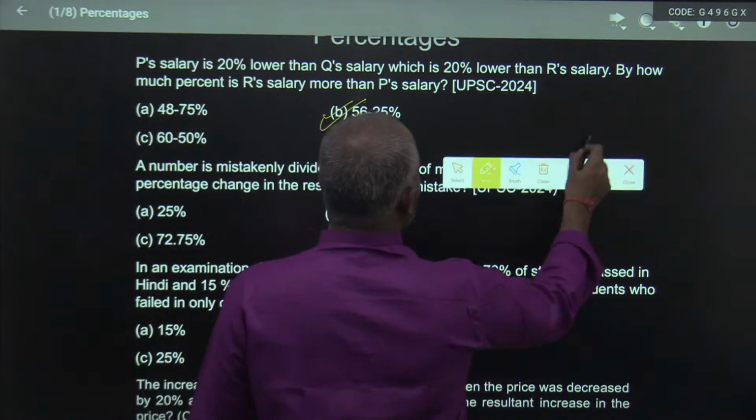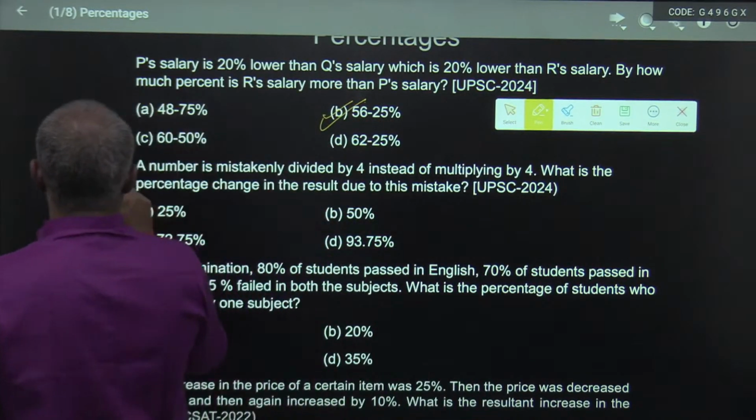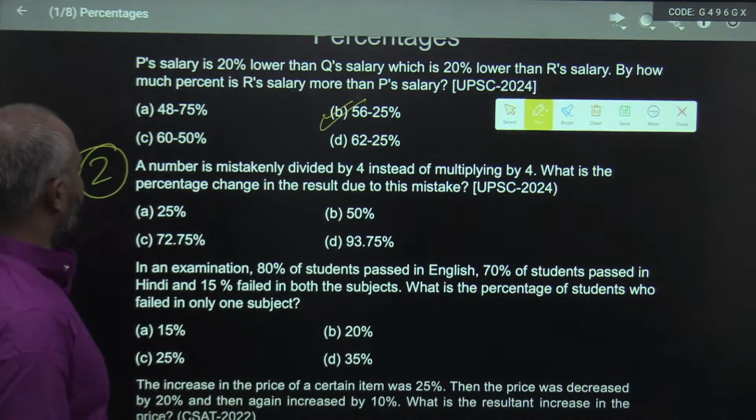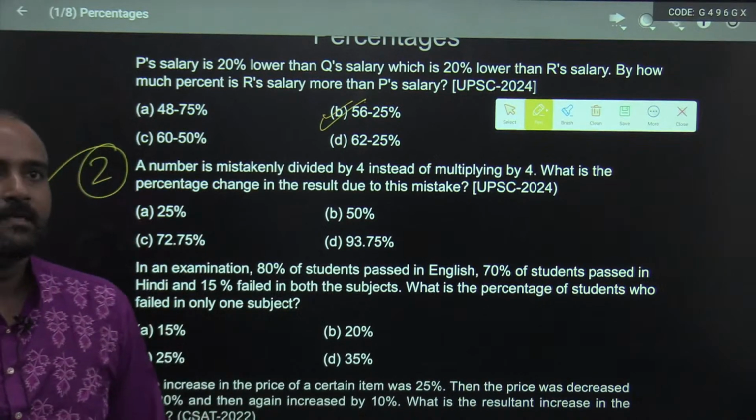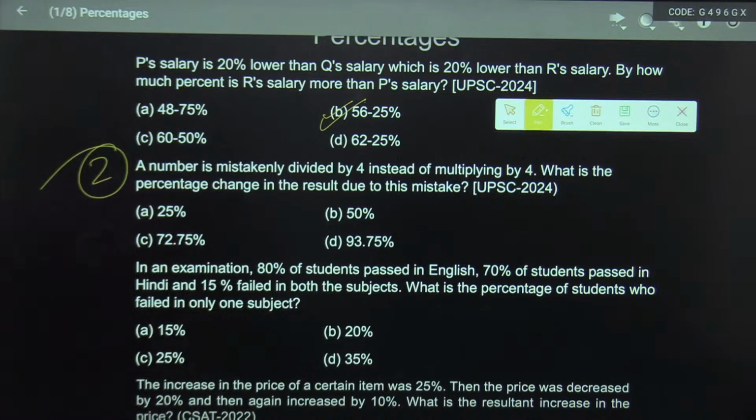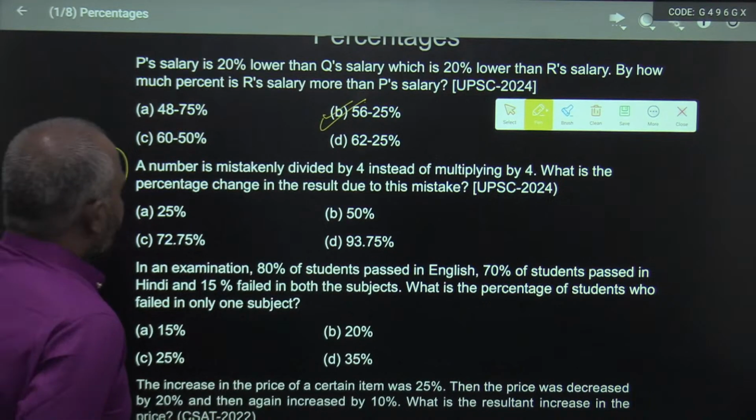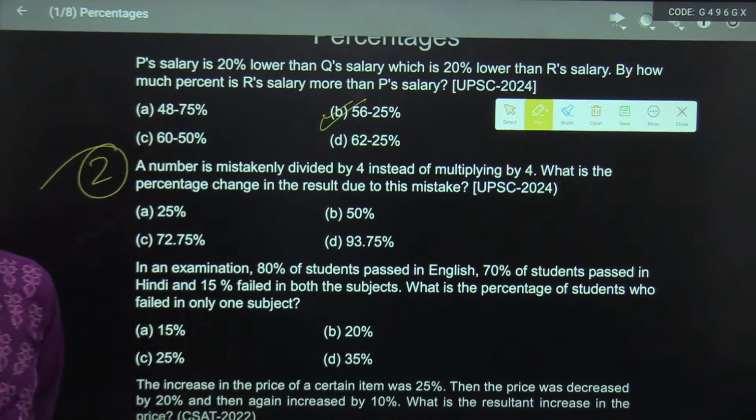Is this clear? Let's go for the next one. Second: a number is mistakenly divided by 4 instead of being multiplied by 4.